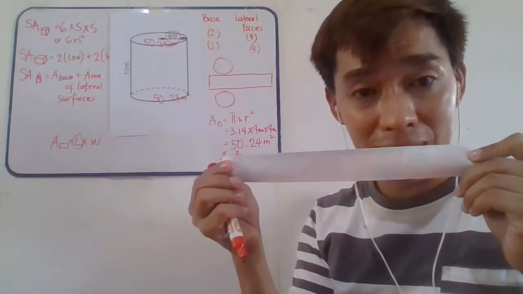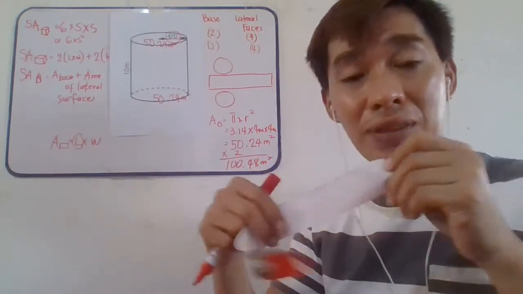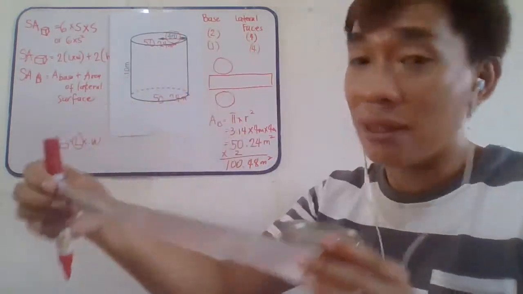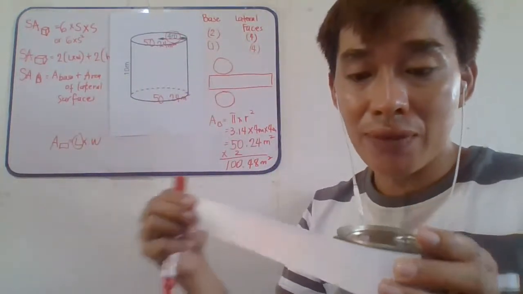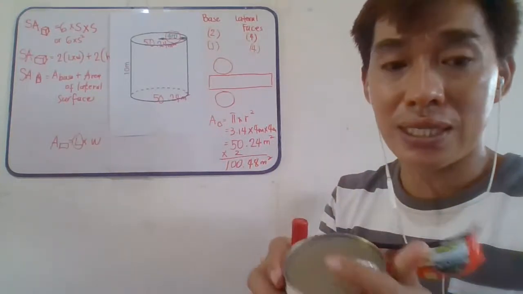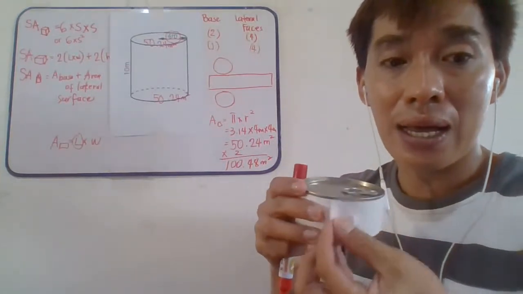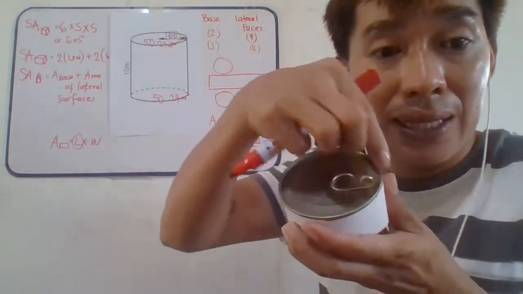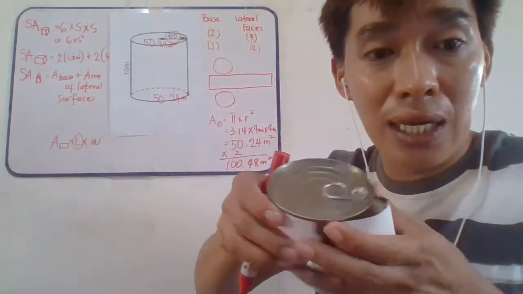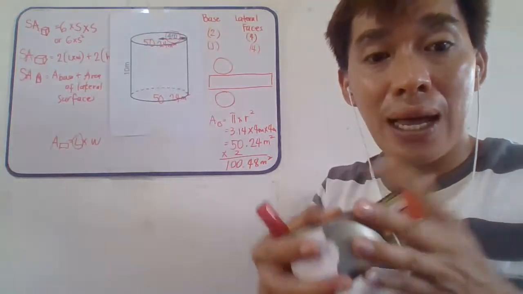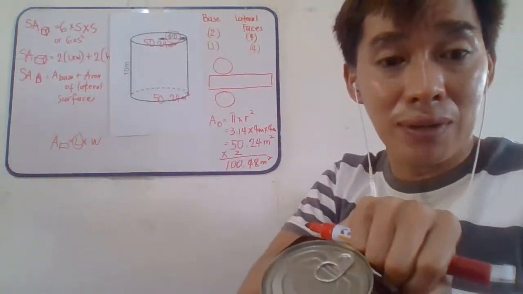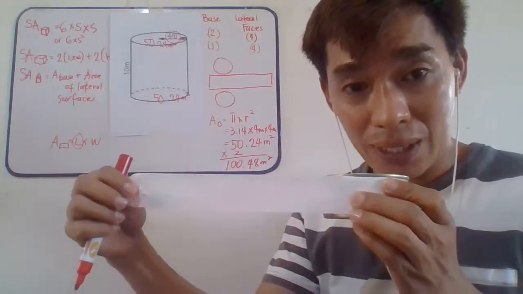The length of the rectangle is also the same as the circumference, the distance around the circle. The distance around is the length of the rectangle.